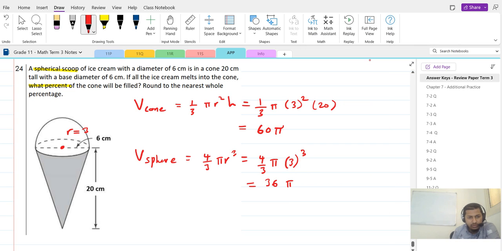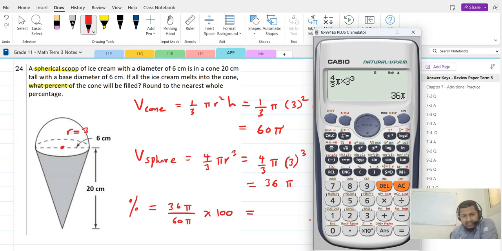So now if you want to calculate the percentage of the ice cream that will melt into the cone, or occupy the space of the cone, you say percentage is equal to 36 pi divided by 60 pi times 100, and that will give us the percentage.